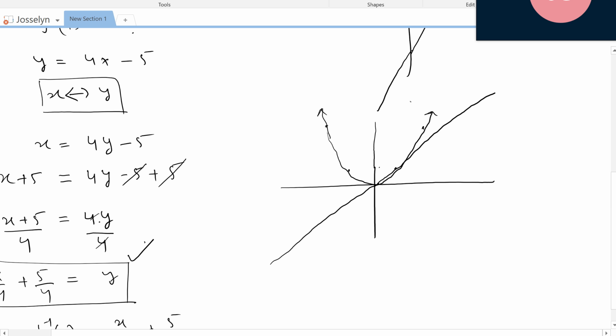So inverse of y equals x squared, or f of x equals x squared. That's the same thing. They're the equation for this graph.